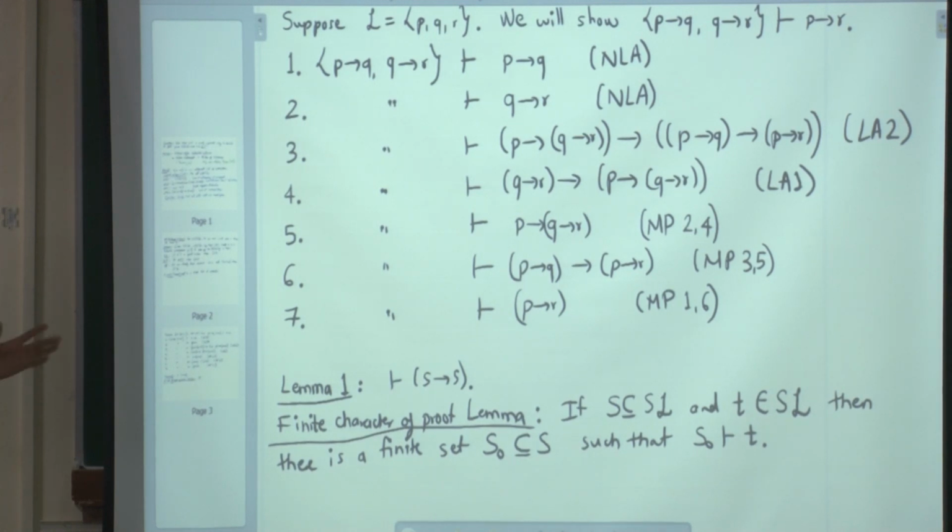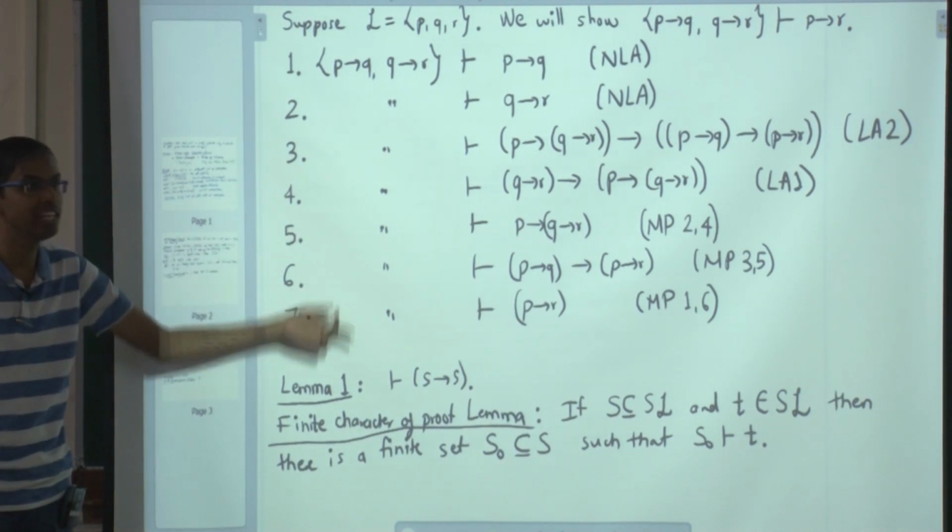So capital S could be potentially infinite, and if T is a consequence of capital S, then actually T is a consequence of a finite subset of capital S. Why is that the case? Because proofs are finite. Yes, the length of a proof is finite, obviously. So how many NLAs can you use?